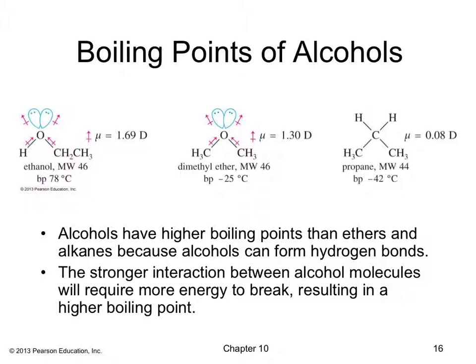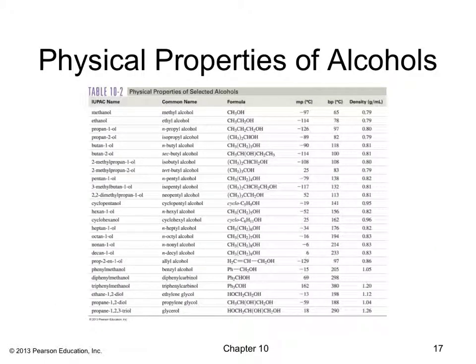That's why you have this higher boiling point. So in terms of physical properties of alcohols, table 10-2 in your textbook shows the different alcohols as you're increasing in size as well as increasing in number of the ols.